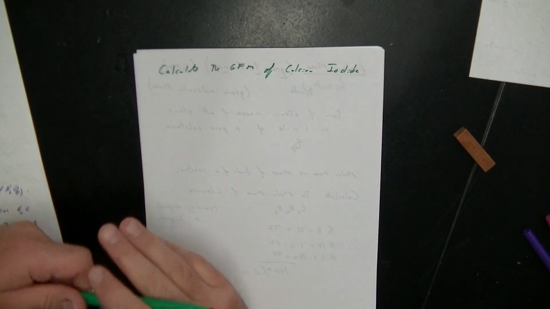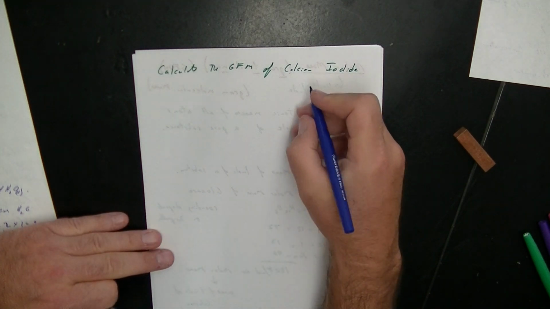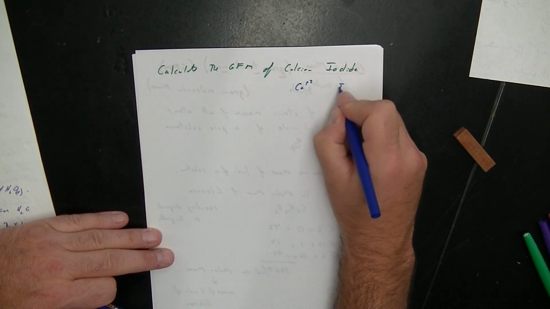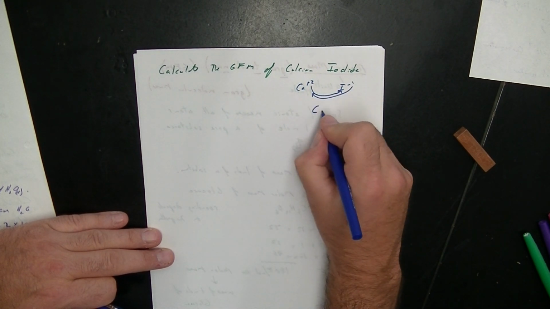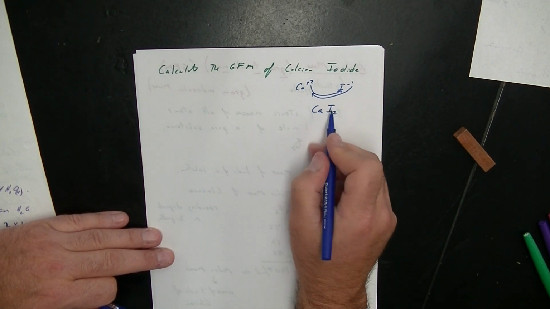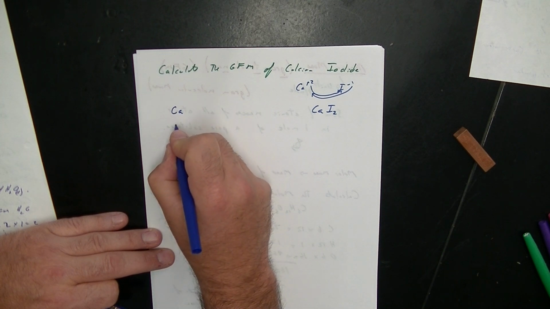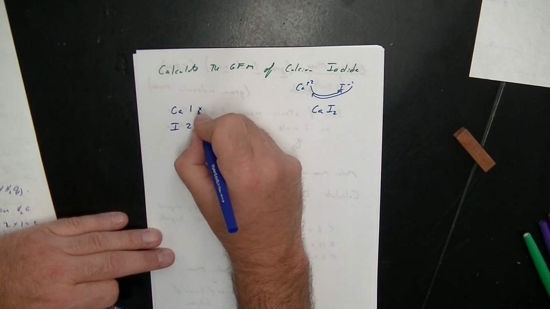The very first thing I need is the chemical formula of calcium iodide. We know how to do that. We crisscross. Ca is plus 2, I is minus 1. This comes over here, this comes over here, and we get CaI2. So now I can calculate the GFM. We list our atoms: Ca's and I's. I have 1 calcium and 2 iodines.